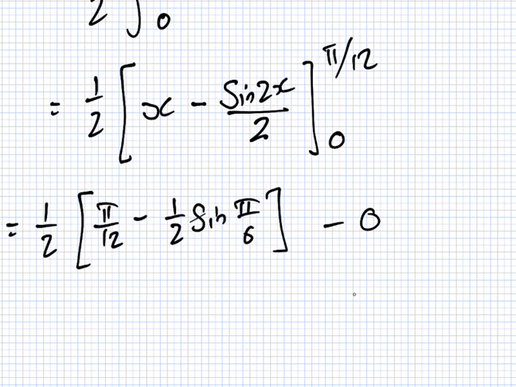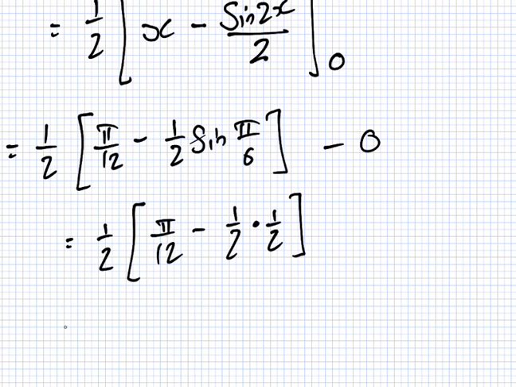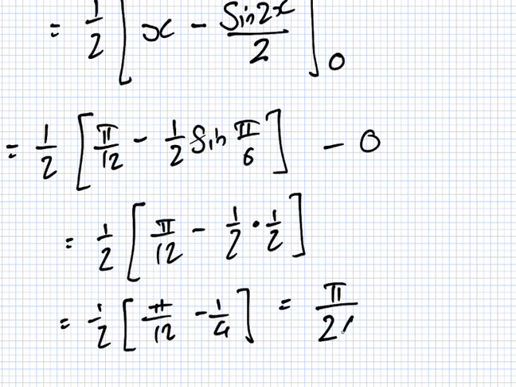Yep, it's the exact value also question. Yep. So this is a half pi over 12 minus a half times a half. So this is a half times pi over 12 minus a quarter, which is pi over 24 minus 1 over 8.